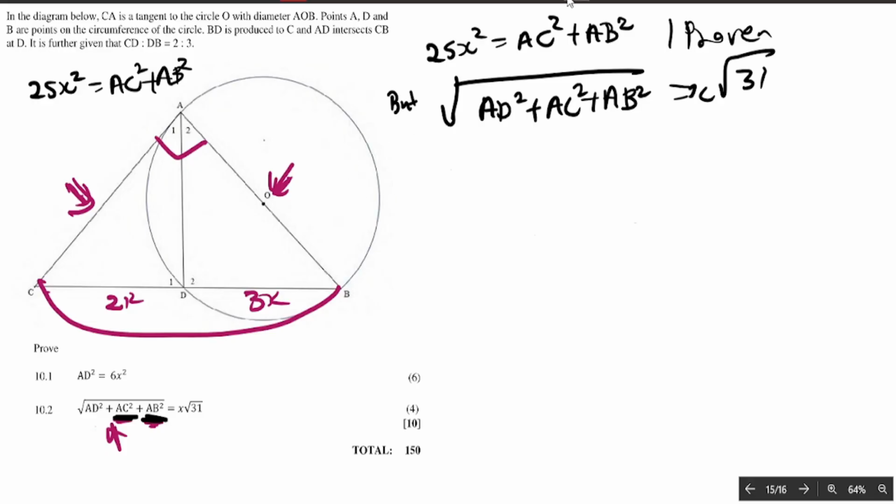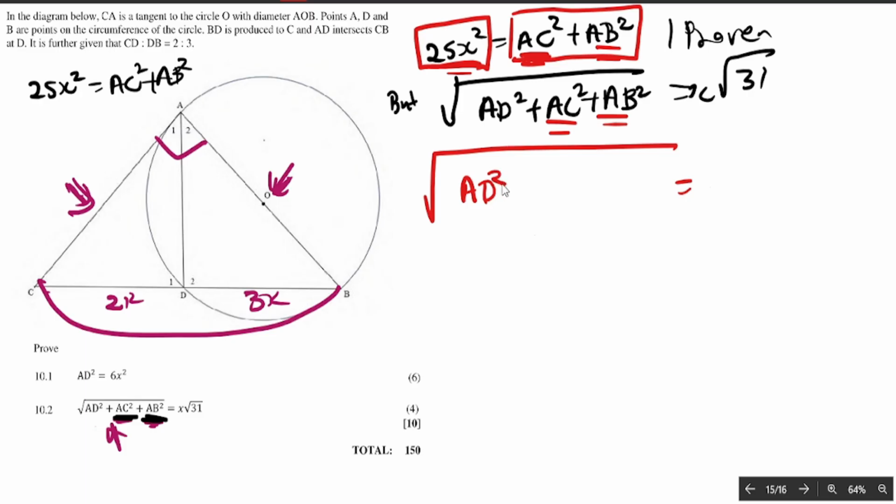So how do we go about it? We already know that these two, when you combine them together, it's going to give you this, which means you're going to say AD squared plus 25x squared, of which we also know AD squared. We've proven it in the previous question.